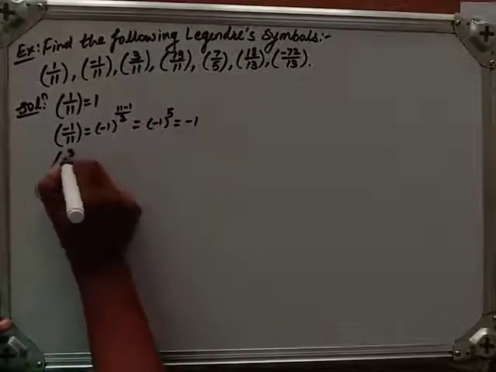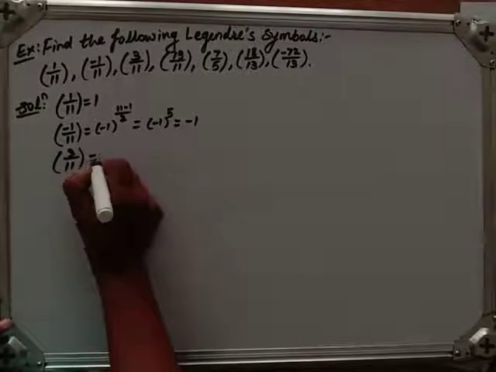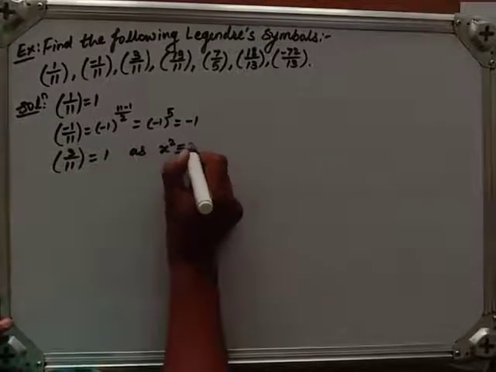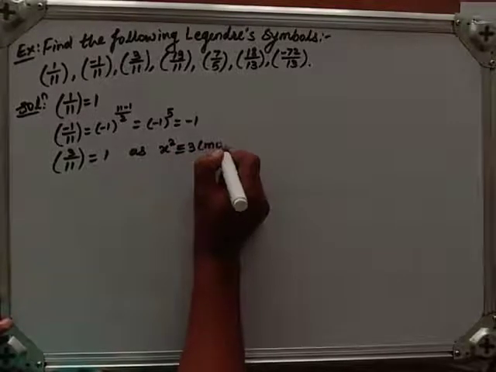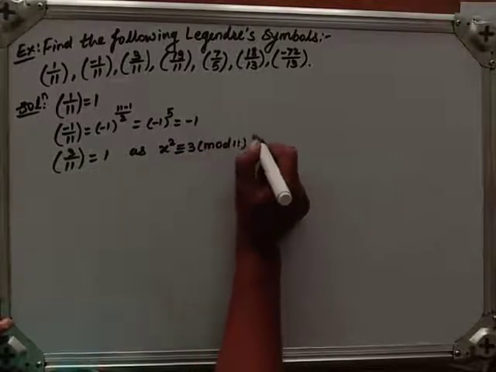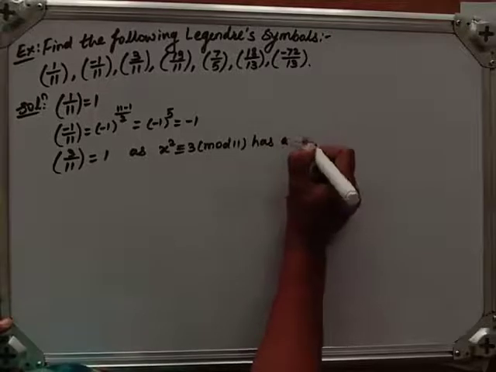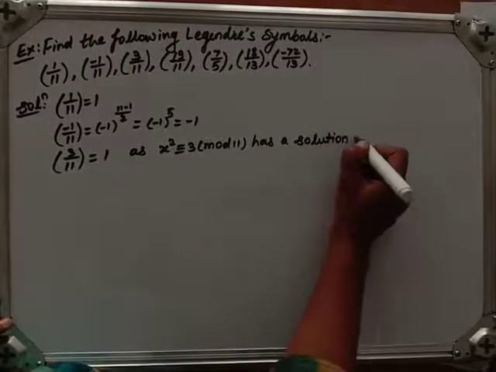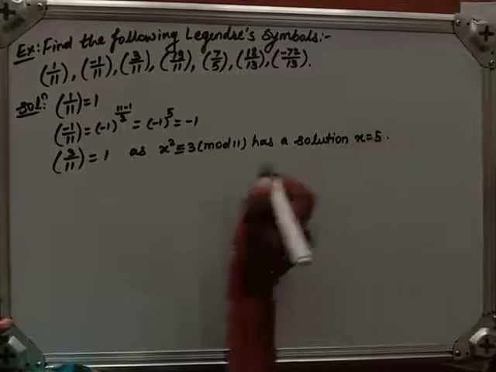Now, Legendre symbol of 3 by 11 is 1, as x square congruent to 3 modulo 11 has a solution x equal to 5.